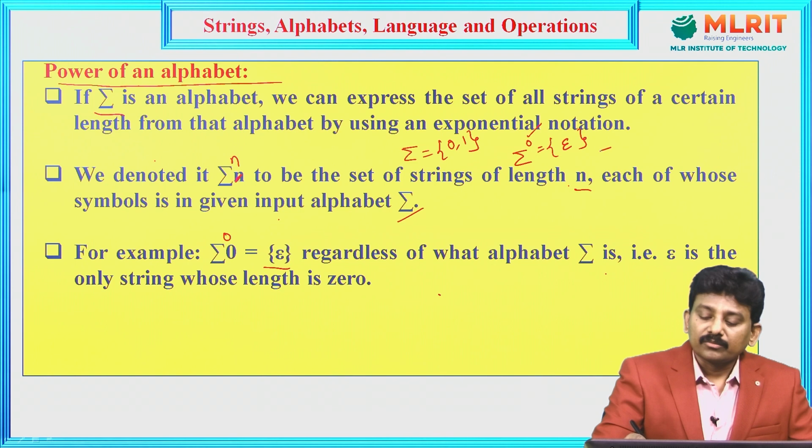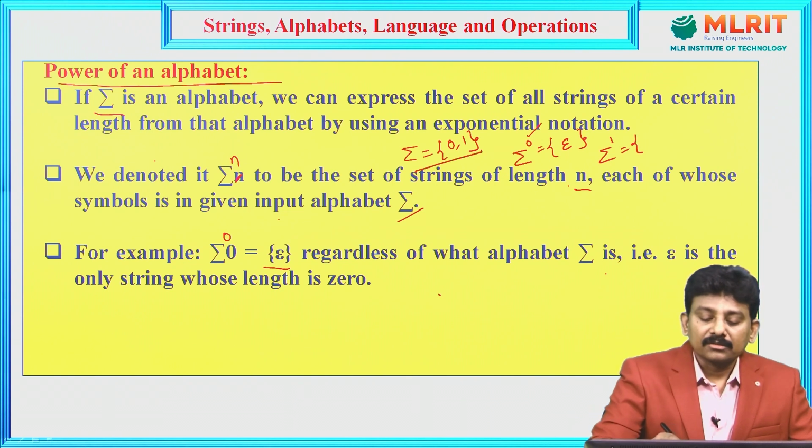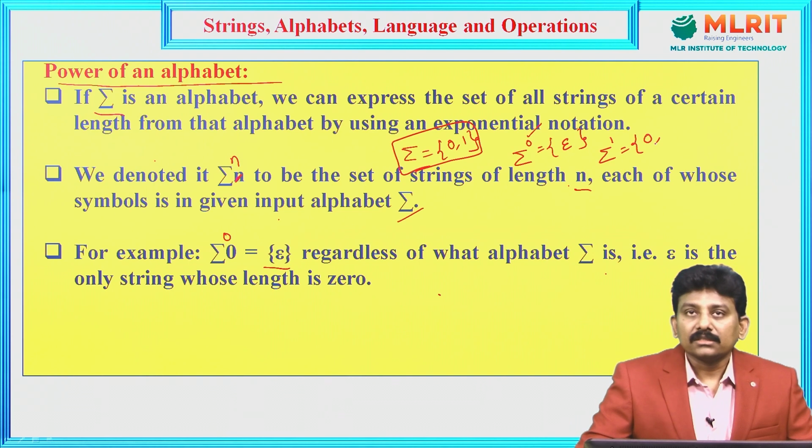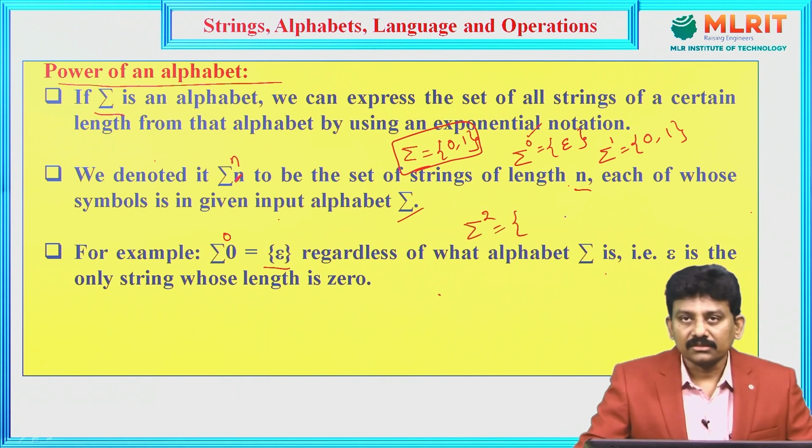Next, sigma power 1: the set of strings whose length is 1 over the input alphabet {0, 1}. So string 0 is length 1, string 1 is length 1. Next, sigma power 2: the set of strings whose length is 2.